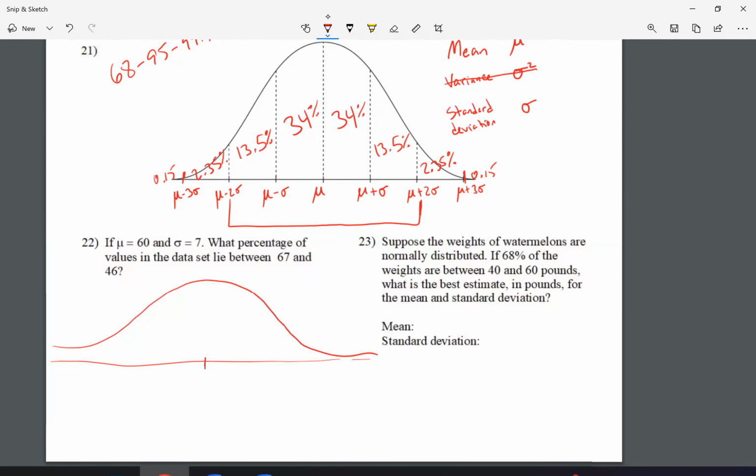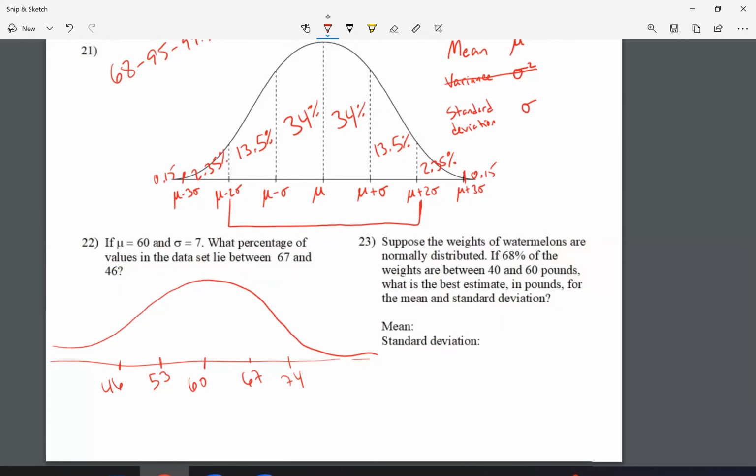My mean is going to be 60. My standard deviation is 7, right? So to the right of it is going to be 67 and then 74, on and on. So notice how I added 7: the mean plus 1 standard deviation, the mean plus 2 standard deviations. Now to the left of it, I can go 53, right? 60 minus 7. Or I could go 46.